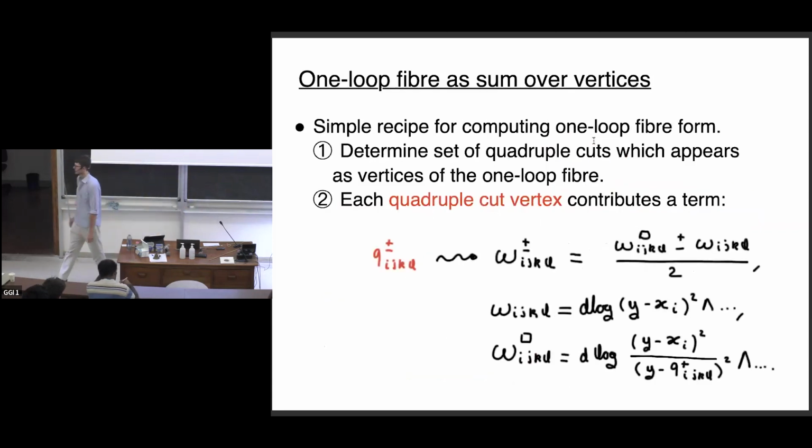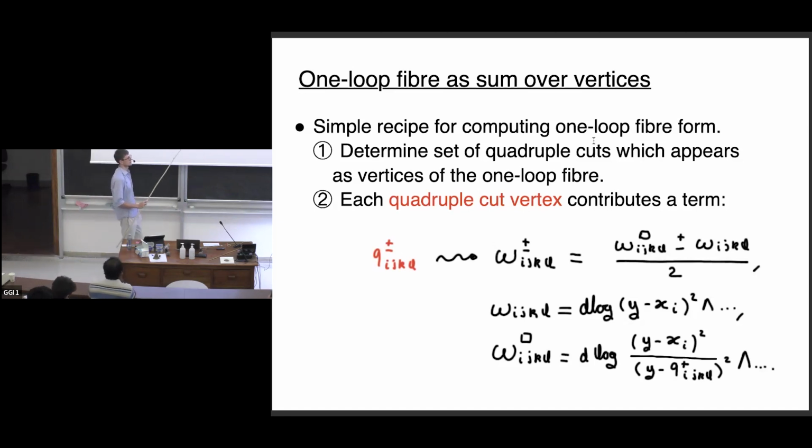So now here's a simple recipe for computing the canonical forms for the one loop fibers. All you have to do is determine the set of quadruple cut points which appear as vertices of your geometry. And when you've done this, you have to figure out the correct contribution from a given vertex, and it takes this form. You have 2 terms, one which is completely analogous to the slide before.